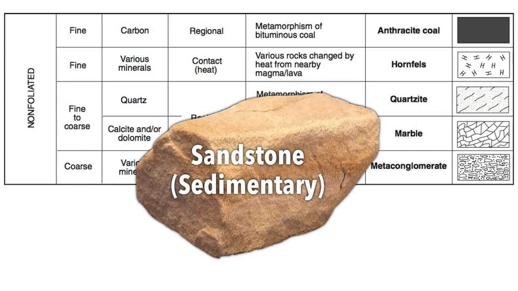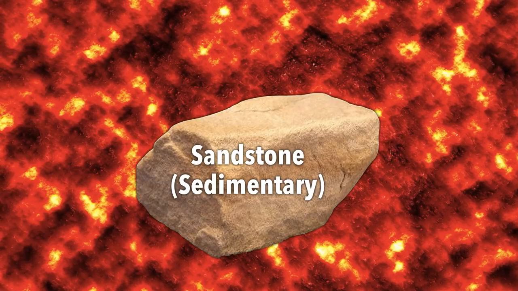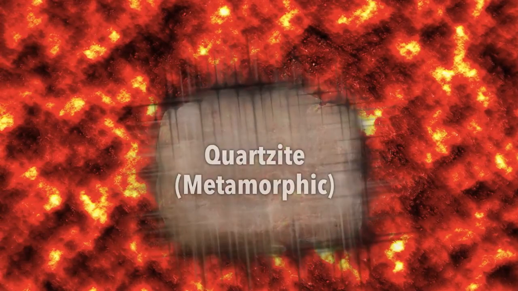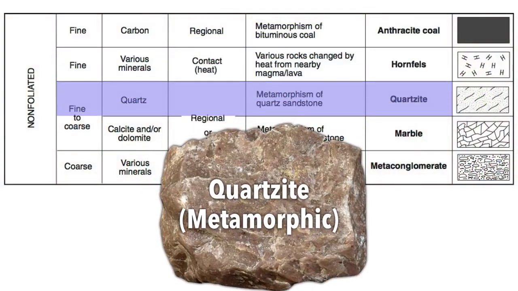Now, if you add intense pressure and heat to that, or if it comes into contact with magma, then it will be affected by that heat and it will metamorphose into a rock known as quartzite. And you can see that right here on the chart. Notice it actually says metamorphism of quartz sandstone.